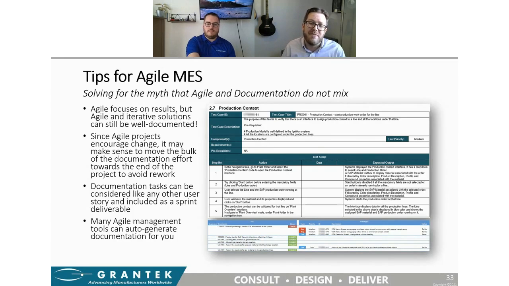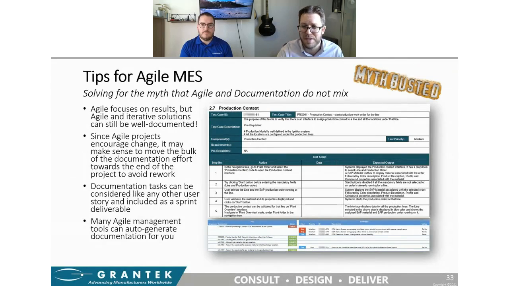In fact, a lot of Agile management tools like Jira can help to automate documentation tasks for you. On the right side of the screen, you see some testing scripts that our team generated right out of Jira for an FAT. So while Agile projects can indeed be well documented, myth busted.